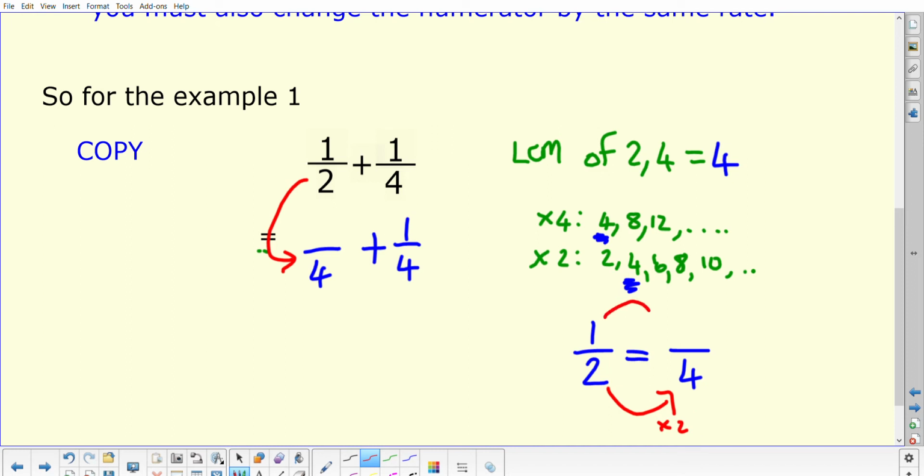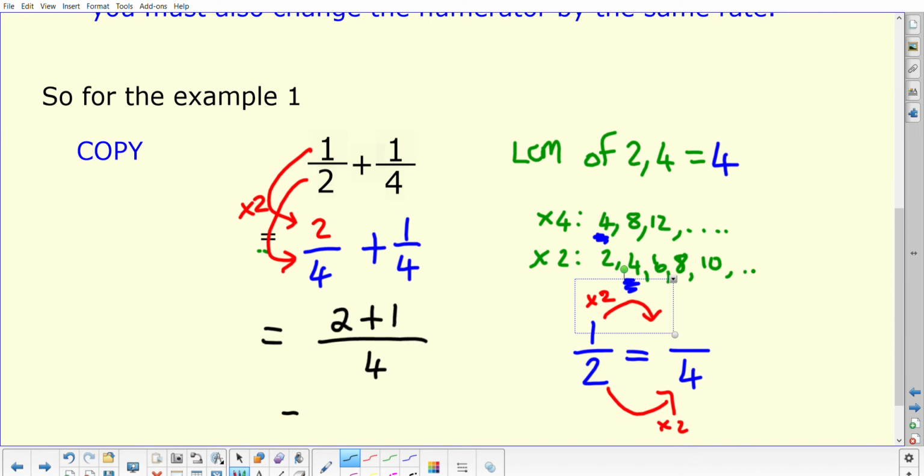Now, as the last step said, if you change the bottom of your fraction, remember that you also need to change the top. So both these numbers need to get multiplied by 2. So a half is the same thing as 2/4. Once we're at that point, we can see that now my denominators are the same. All I need to do is add the top numbers, and there's how we get the 3/4.